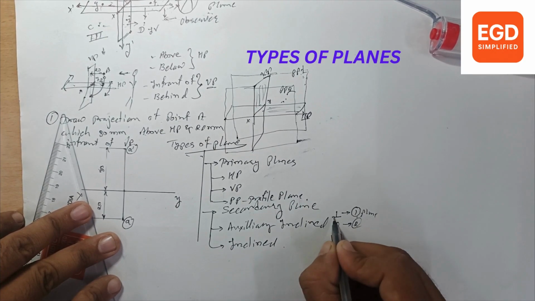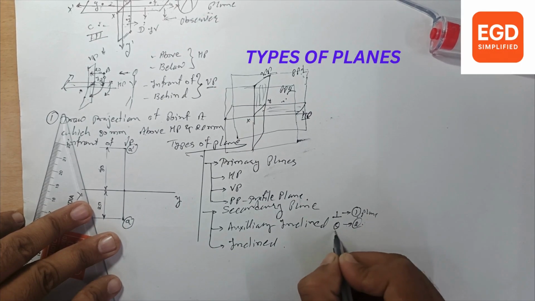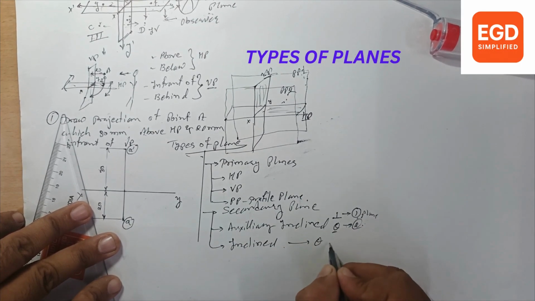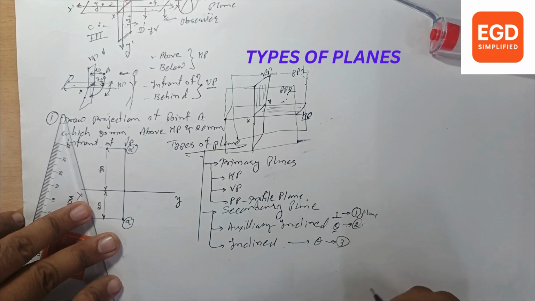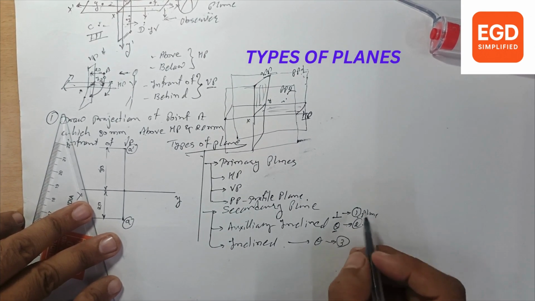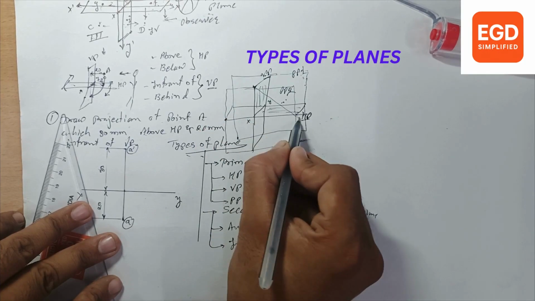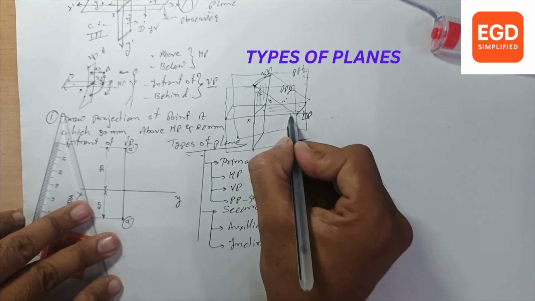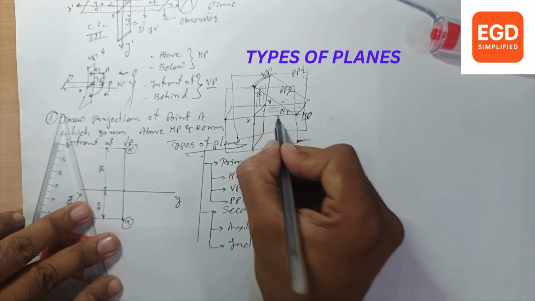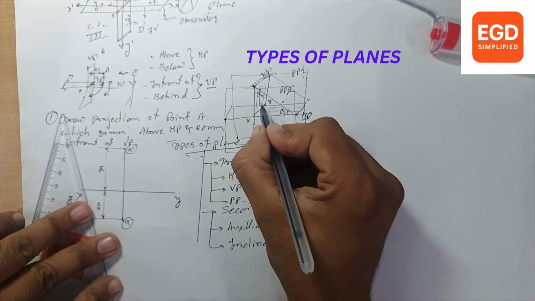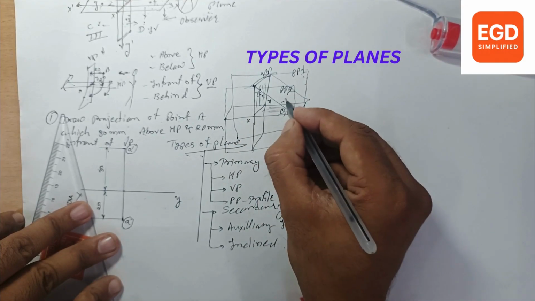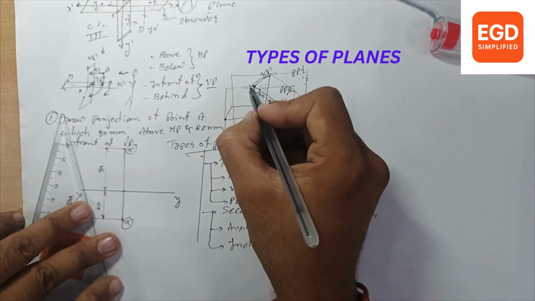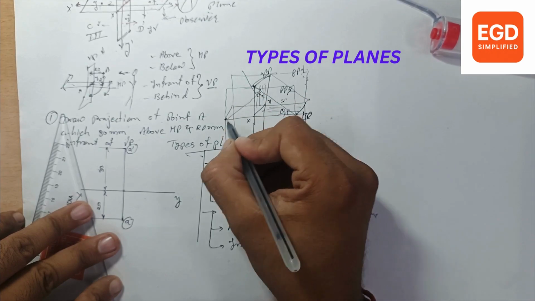An inclined plane makes theta angle with all these three planes. Auxiliary plane might be like this, that makes theta angle with HP and VP, theta 1, theta 2, and that is perpendicular, making 90 degrees with these side walls.